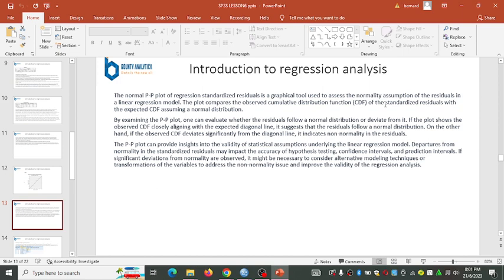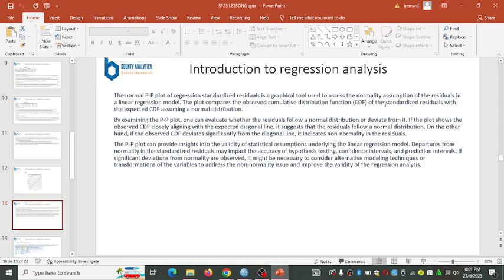So if the plot shows the observed CDF closely aligning with the expected diagonal line, then that will suggest that the residuals of your estimate follow a normal distribution. On the other hand, if the observed CDF deviates significantly from the diagonal line, then it indicates non-normal distribution of that particular residual.